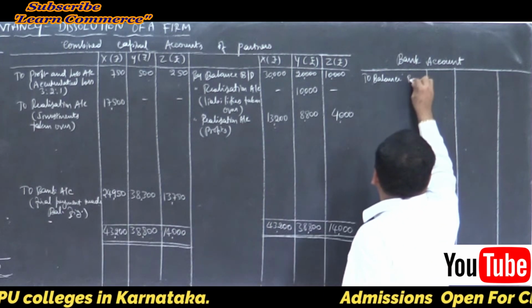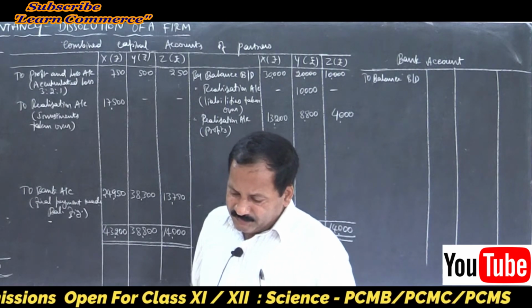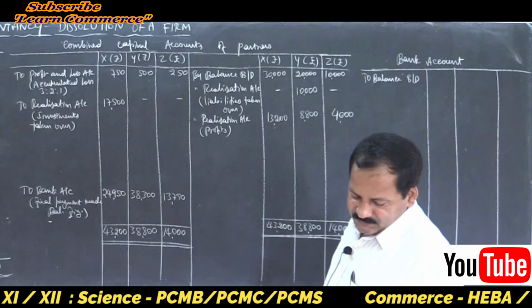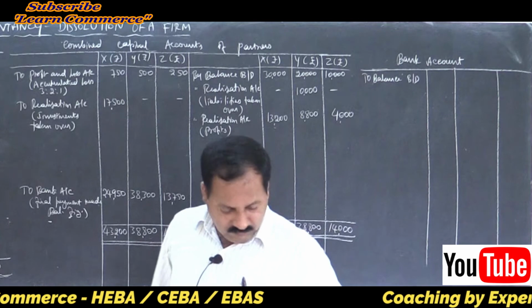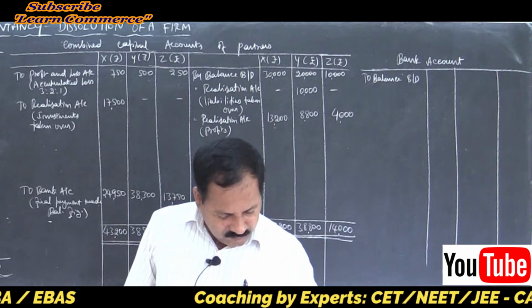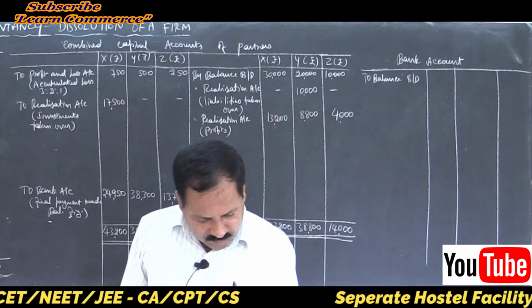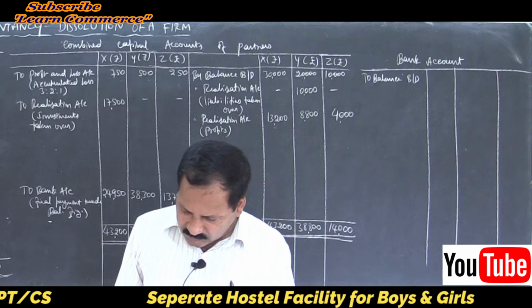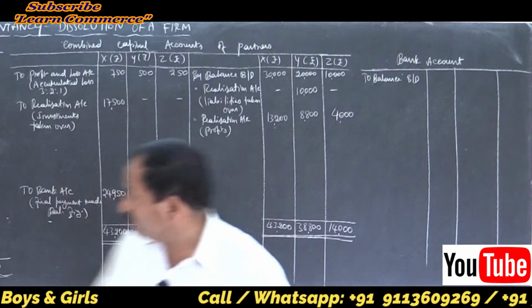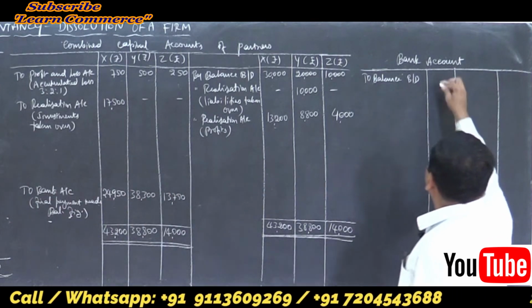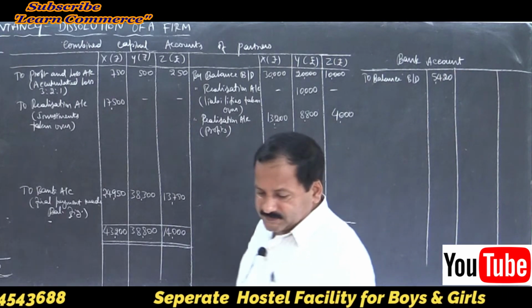Balance brought down, how much is it? 40,500, correct? No, 40,500 is machinery. 5,420 is the balance brought down. That's what I was searching.